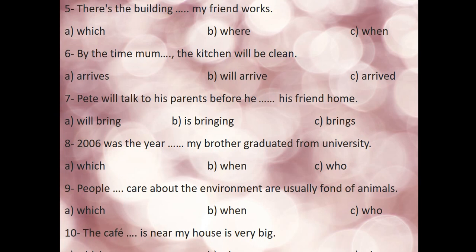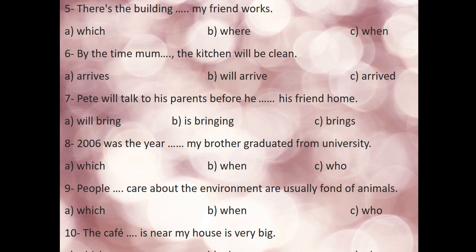Number 7: Pete will talk to his parents before he brings his friend home. Before here is a temporal. So in the second sentence I must use present, and he is singular, so I will use he brings.